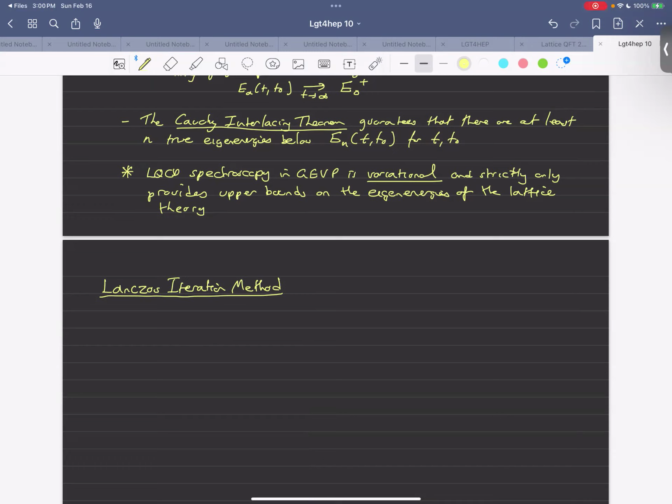Okay, so this approach is really based on the fact that the correlation matrix corresponds to a set of matrix elements of powers of the transfer matrix.